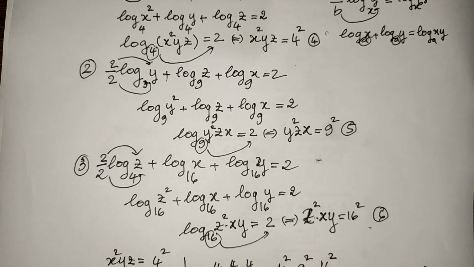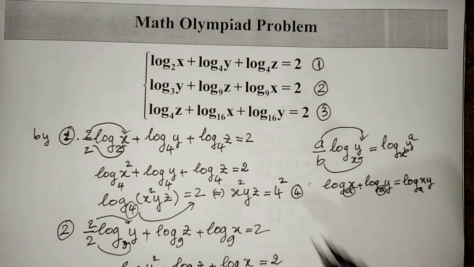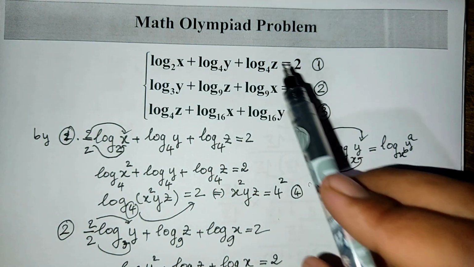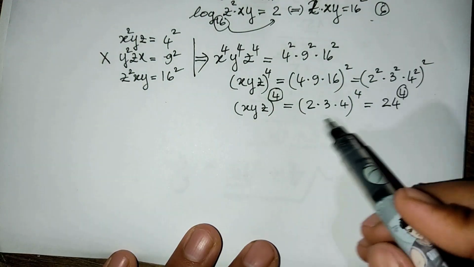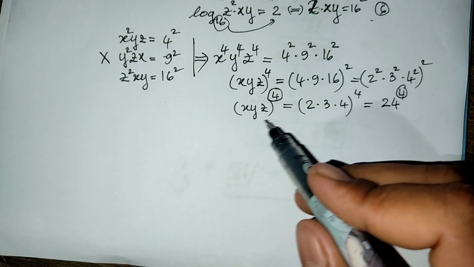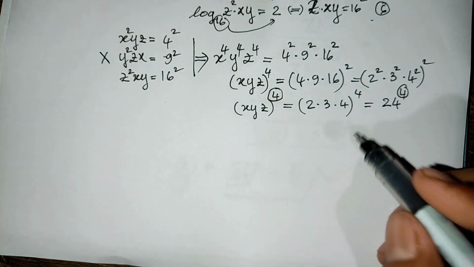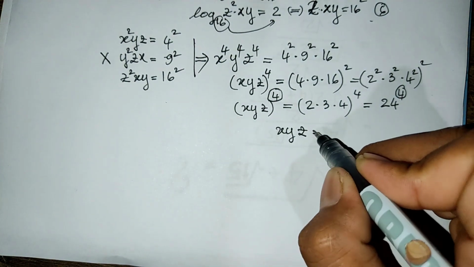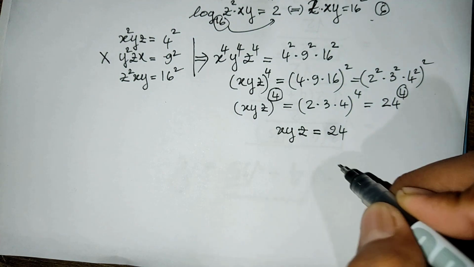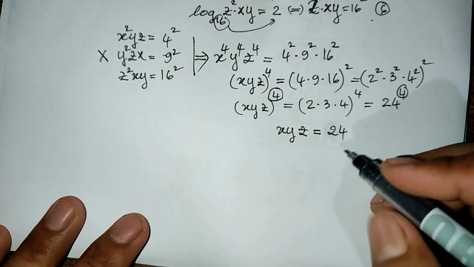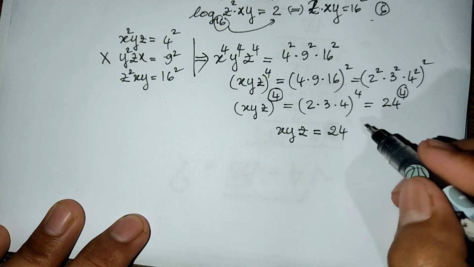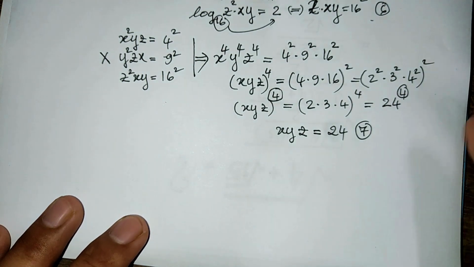We know that in a logarithm equation, x, y, and z must be positive. So x times y times z must be positive, and we get x y z equals 24. I label this the seventh equation.